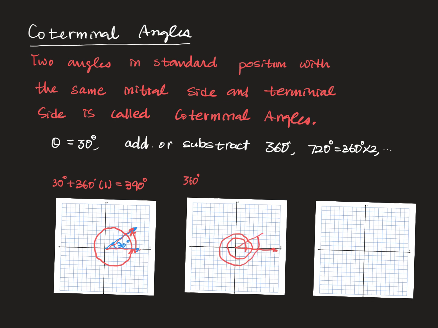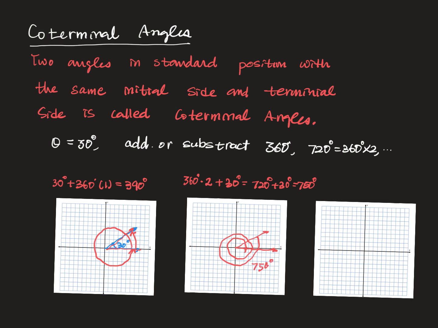That's 360 times 2 plus 30, that's 720 plus 30, that's 750. That's a coterminal angle to 30.